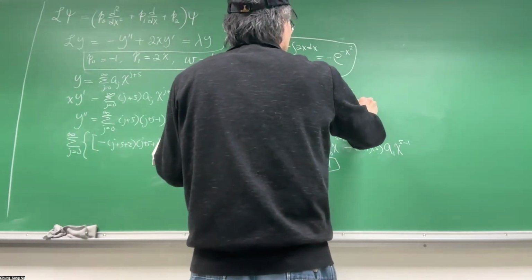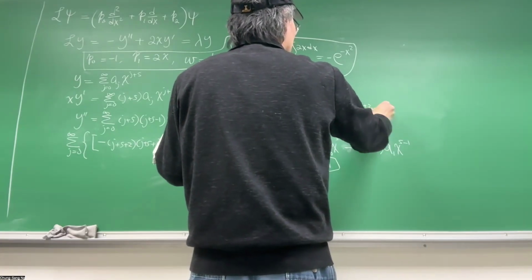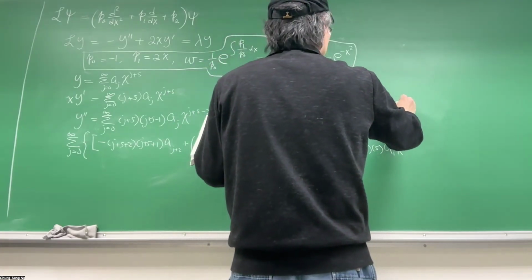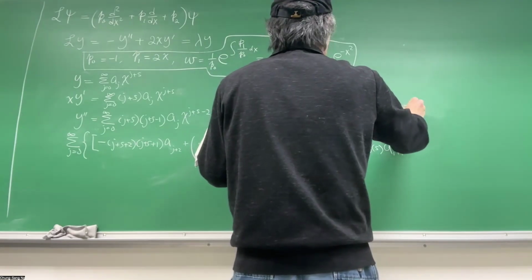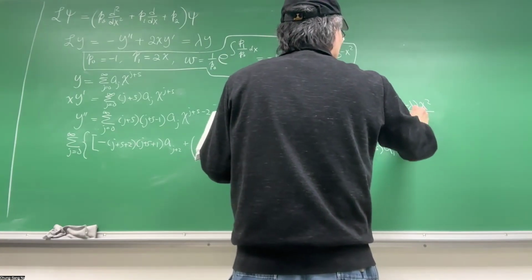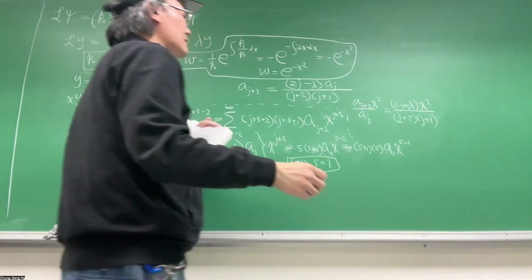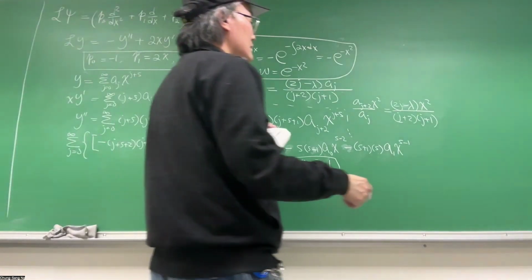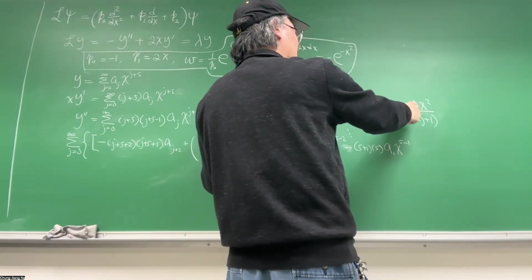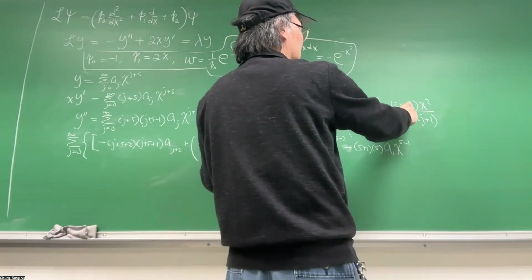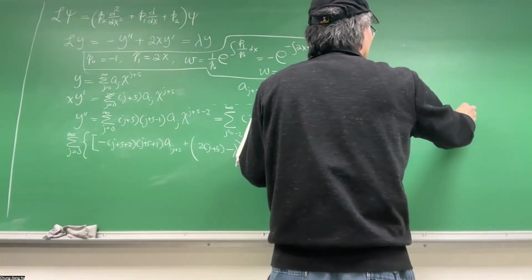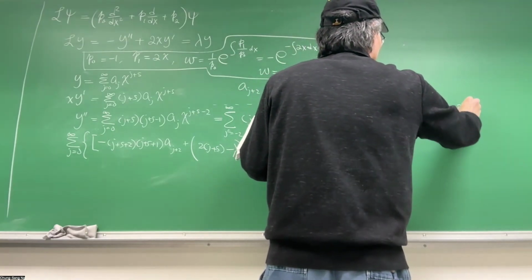So A sub j plus 2 divided by A sub j multiplied by x squared equals basically just the coefficient (2j minus lambda) x squared over (j plus 2)(j plus 1), right? And then you take the limit that j goes to infinity. When j goes to infinity, lambda is finite, so ignore lambda, ignore 2 and 1, so you have 2j divided by j squared, so it tends to 2x squared over j.